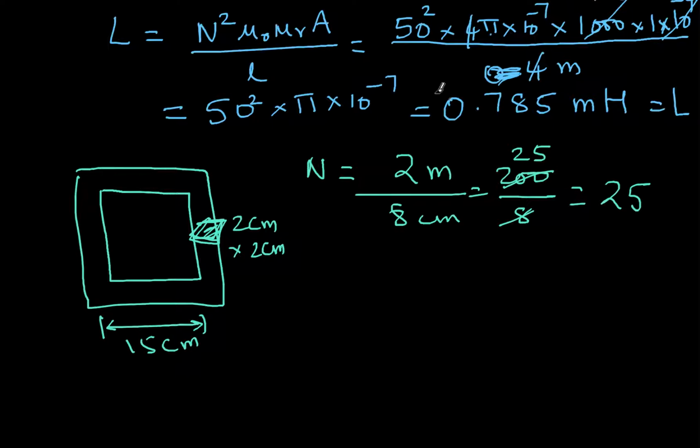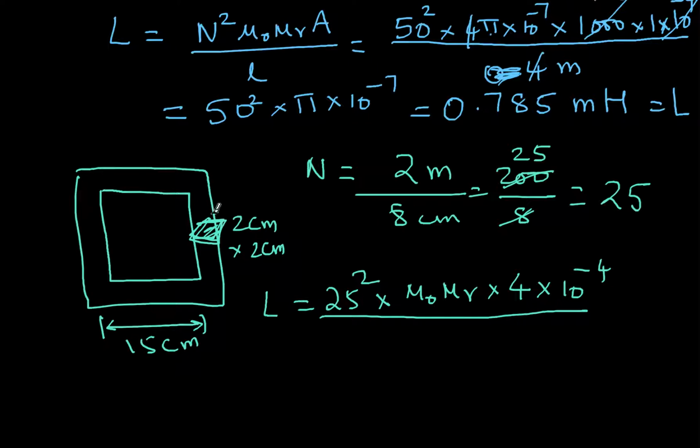Immediately I notice that the inductance is going to reduce because 25 square will be coming. I substitute directly. Mu naught mu r will be as it is. Now what about the area of cross section? The area of cross section is now 4 centimeter square, so 4 into 10 power minus 4, divided by the length. The total length has increased, so inductance is going to reduce once again.